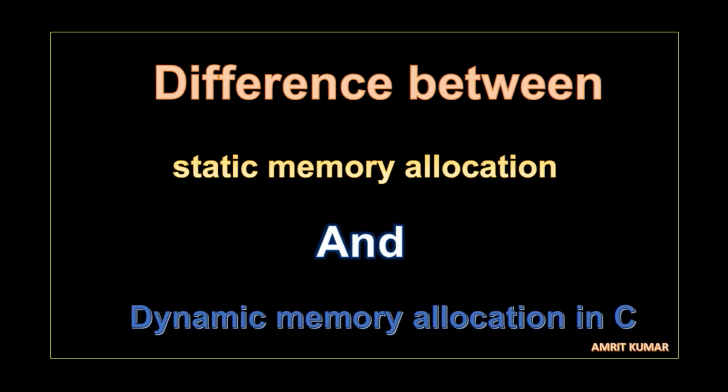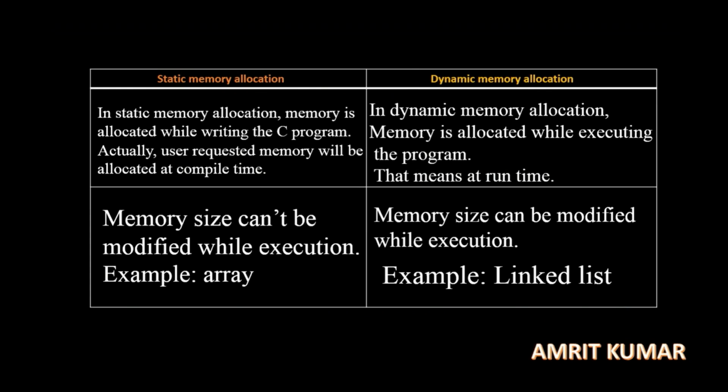Difference between static memory allocation and dynamic memory allocation in C. So here I am just elaborating the difference. Memory allocation has been divided into two parts, that is static memory allocation and dynamic memory allocation.